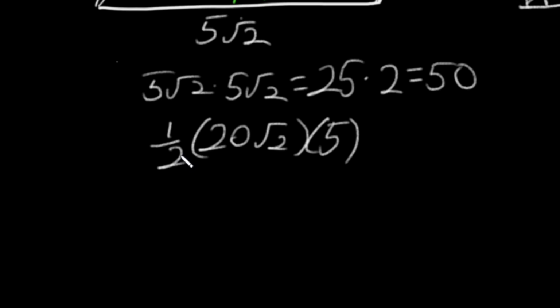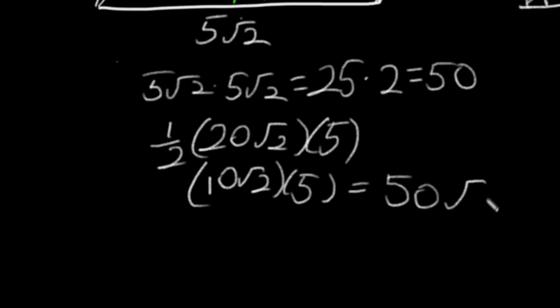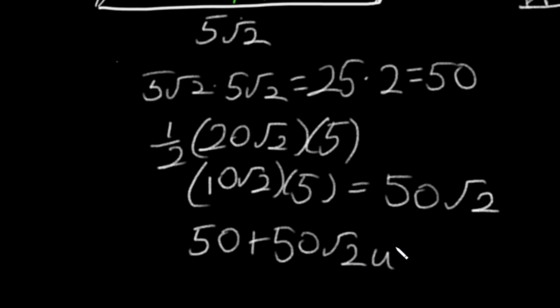Again, we can go ahead and distribute the 1/2 into the 20 root 2. And this would simplify to 10 root 2, still times 5. And this would give us 50 square roots of 2. And then simply combine that with the area of the base, which was 50. So we have 50 plus 50 square root of 2 units squared.